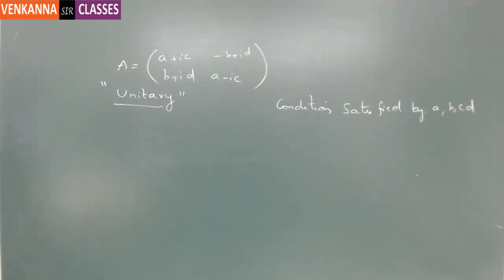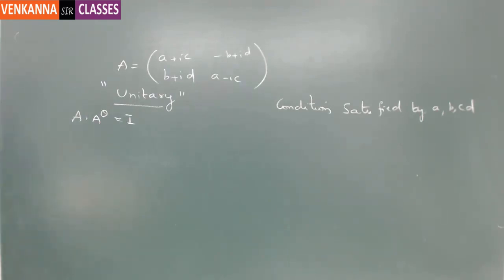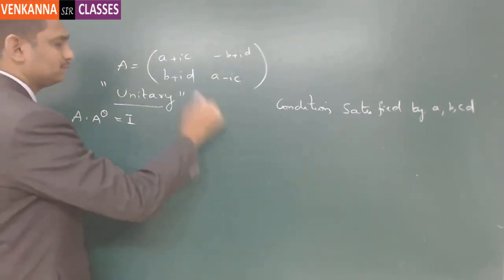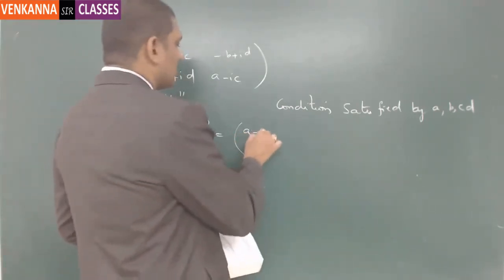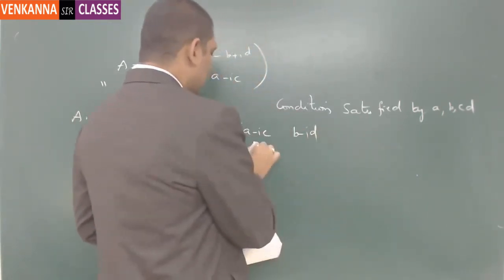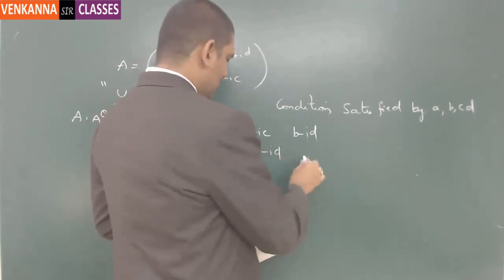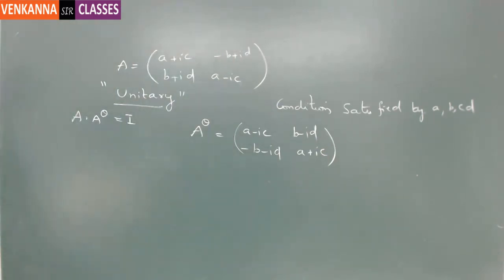Since you know that a unitary matrix is nothing but A into A power theta is equal to I, let us substitute these values there. If you have calculated A power theta, it is nothing but a minus ic, b minus id, minus b minus id, and a plus ic. This is the A power theta value.